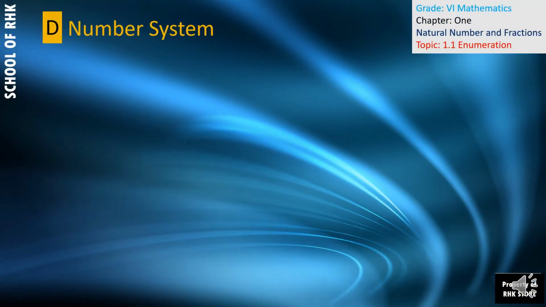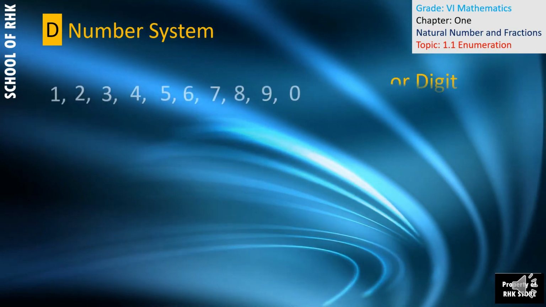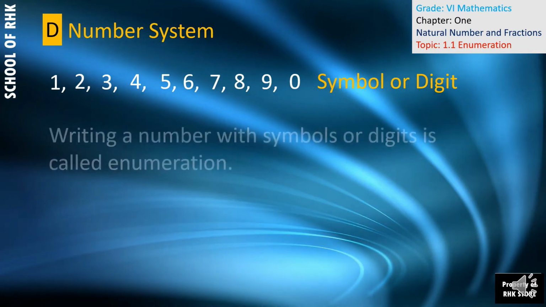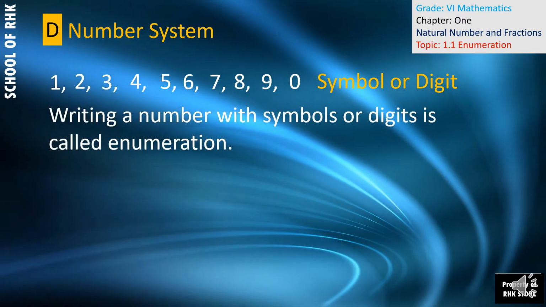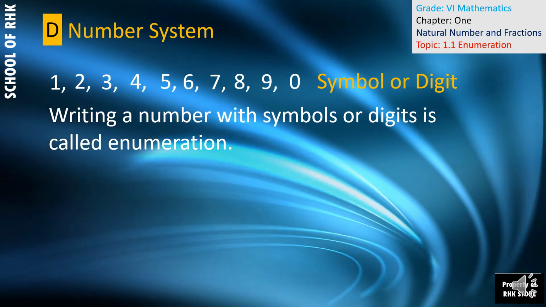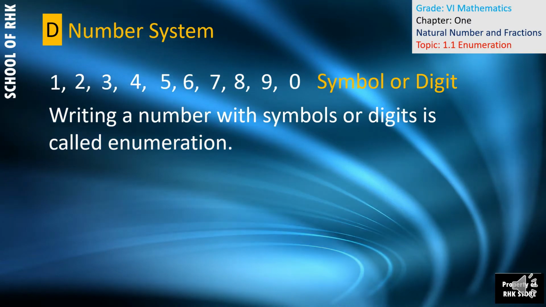Number system. In arithmetic, there is a total of 10 symbols or digits. Writing a number with symbols or digits is called enumeration. Every symbol or digit is used in arithmetic.